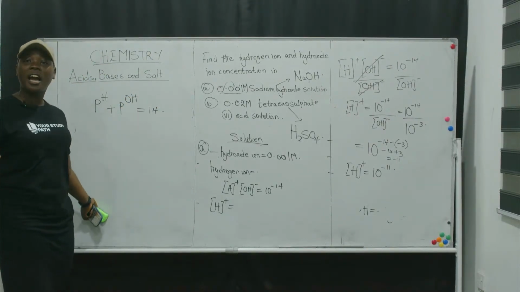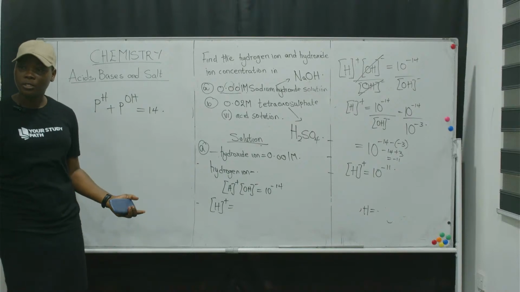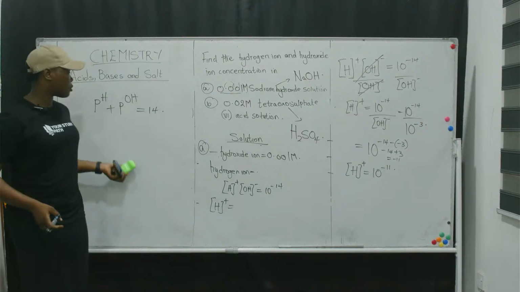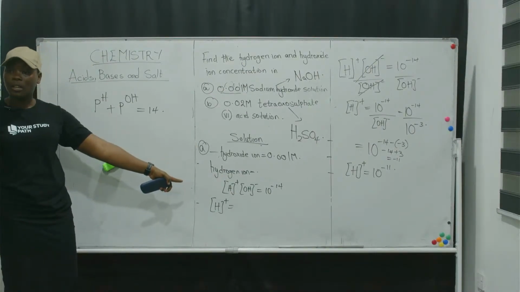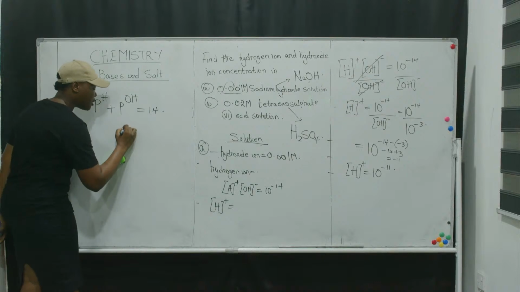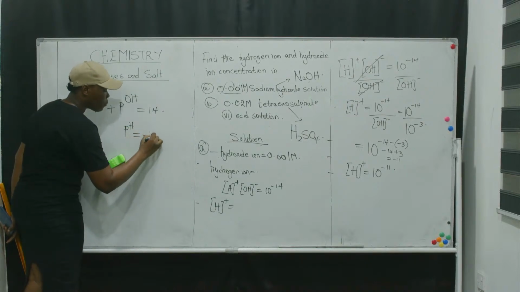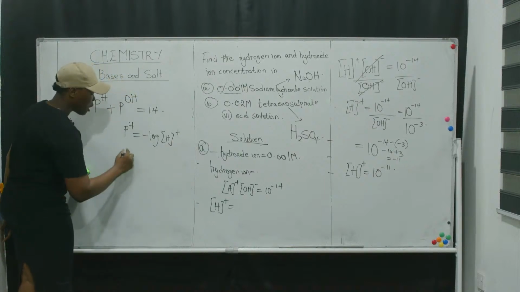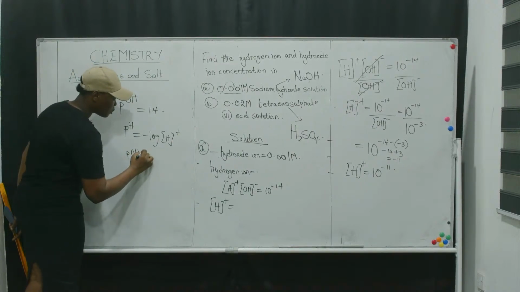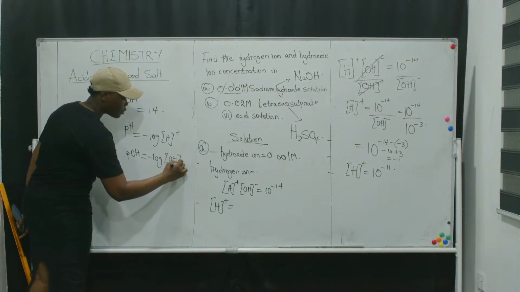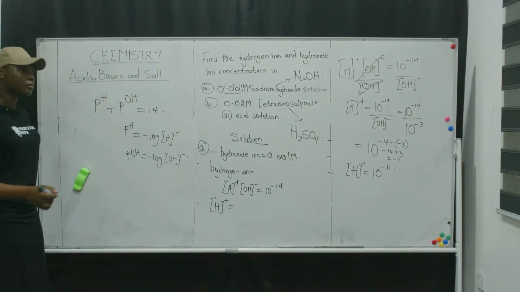Just in case you are then asked to find the pH and the pOH. We already know the hydrogen ion concentration, right? We already know OH concentration. And we know that pH is equal to minus log of hydrogen ion concentration, and pOH is equal to minus log of OH minus, right?